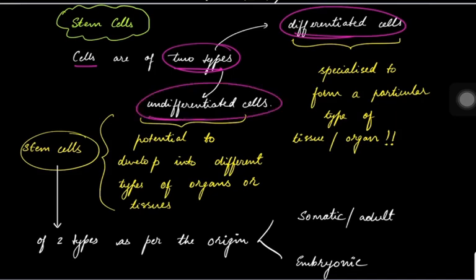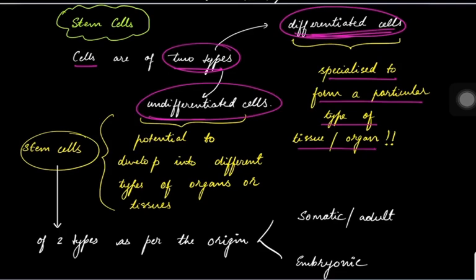The differentiated cells are those which are specialized to form a particular type of tissue or organ. For example, your hair follicles or your skin cells. Your skin cells will keep on replicating into just another type of skin cells. They will not replicate into some other organ or some other tissue. These kinds of cells are known as differentiated cells.